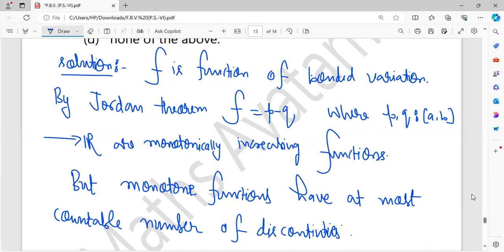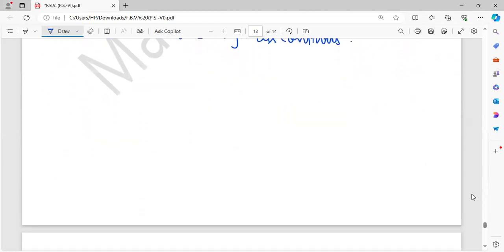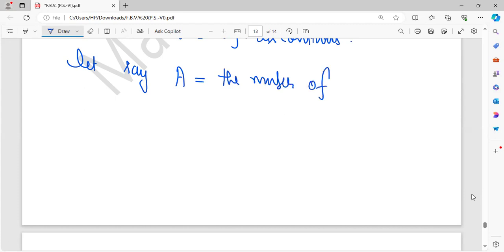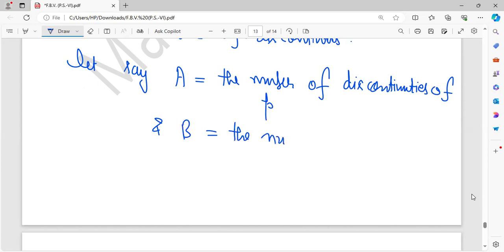Okay. So let's say A is equal to the number of discontinuities of p, and B is equal to the number of discontinuities of q.